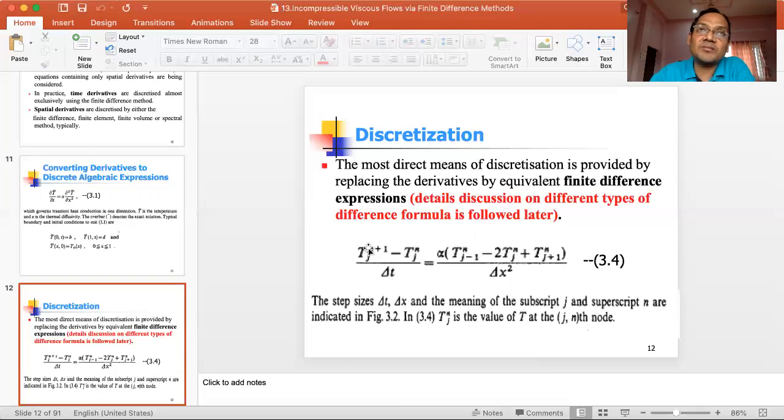This is basically nothing but a forward difference. Whereas on the right hand side you have del squared T by del x squared. There n is fixed, only j is varied. So T_(j-1), T_(j+1) by delta x squared. If you see now, it is no more a PDE. This is complete in discrete form. So you are writing the PDE in discrete form. This process is called discretization.